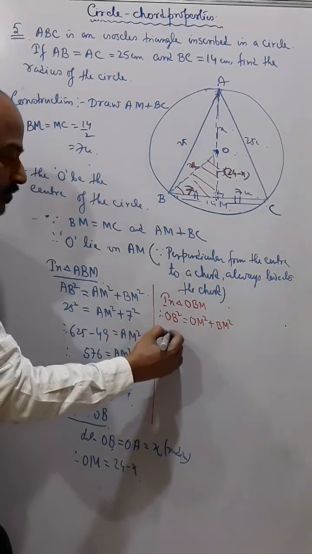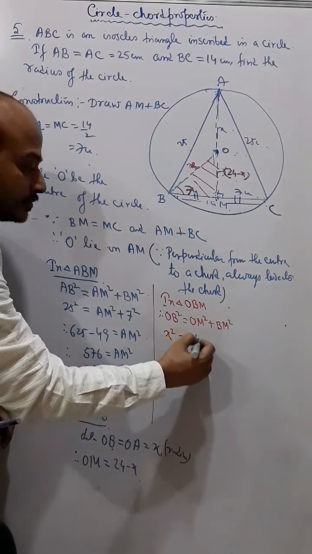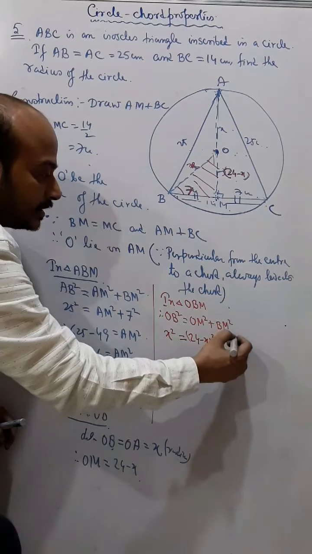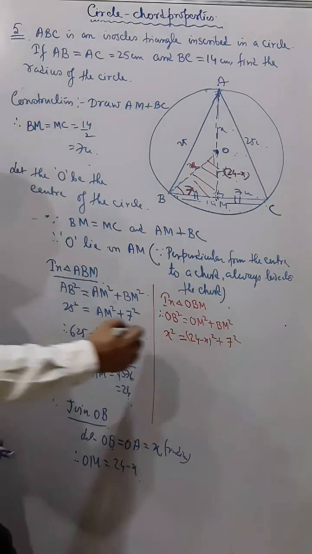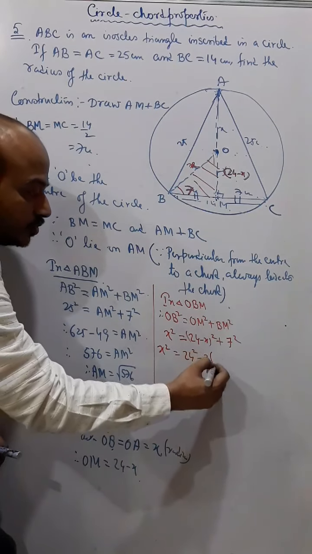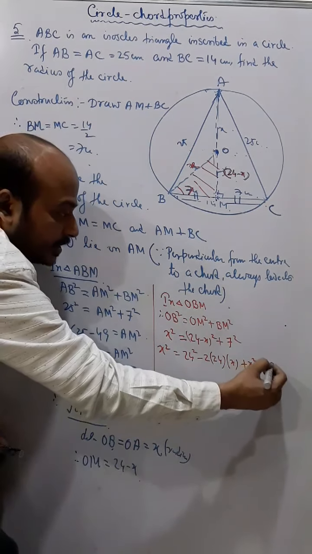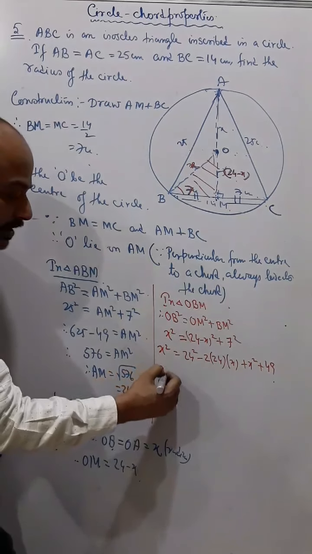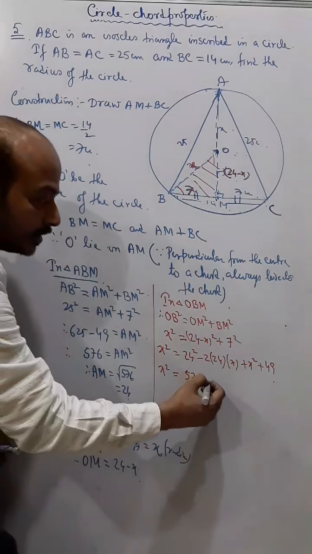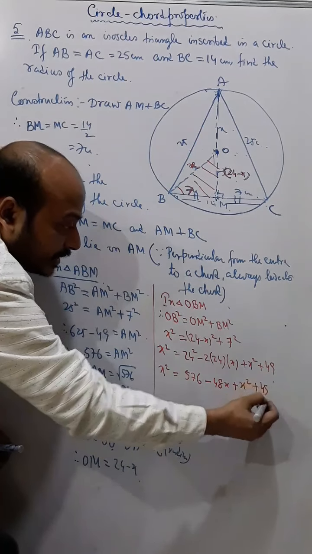OB is x square, OM is 24 minus x square, and BM is 7 square. Now we'll solve it. Using a square minus 2ab plus b square, we get x square is equal to 576 minus 48x plus x square plus 49.